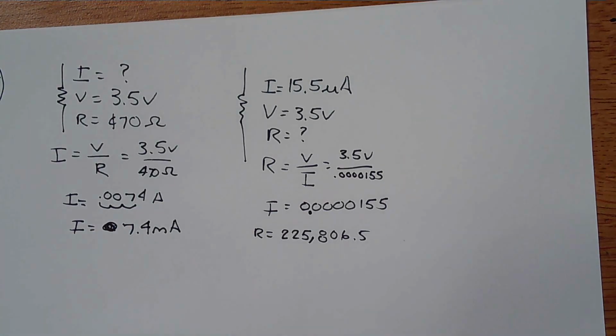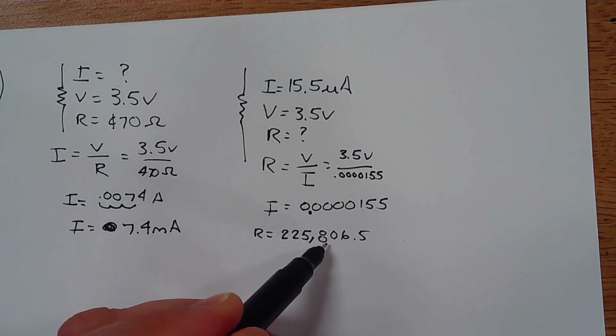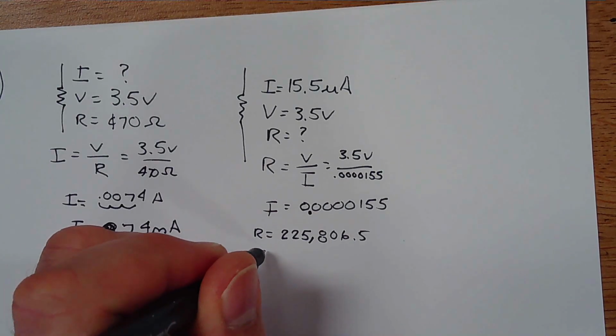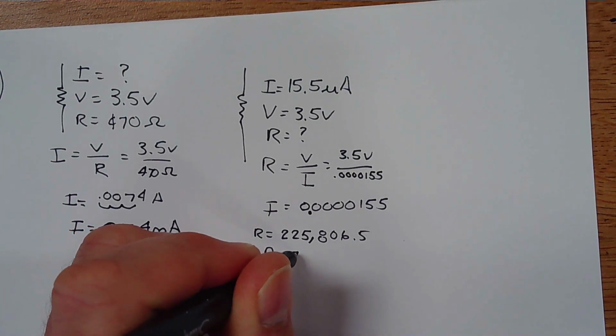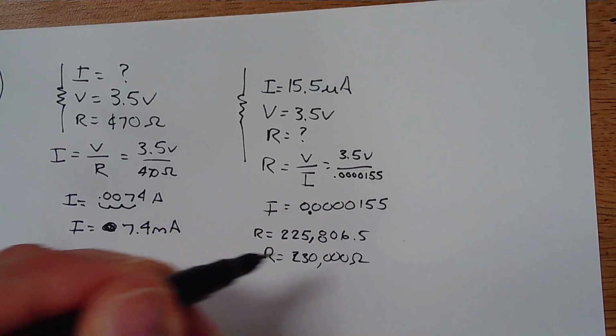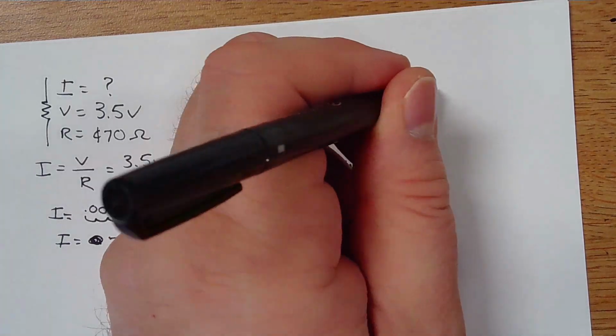The reality is there's no resistor that is 225,806 big, so you'd round that up, and so really the resistor is probably 230,000 ohms. You can only purchase things with a round number.